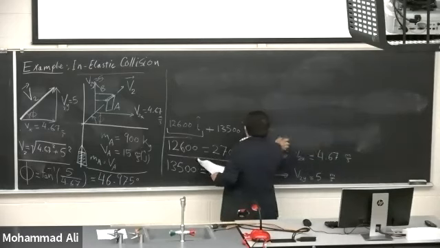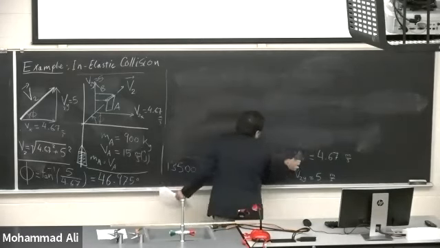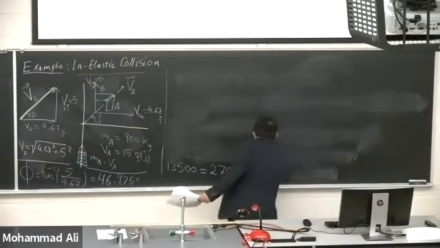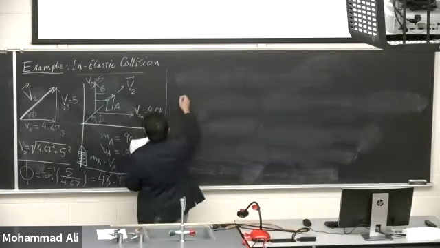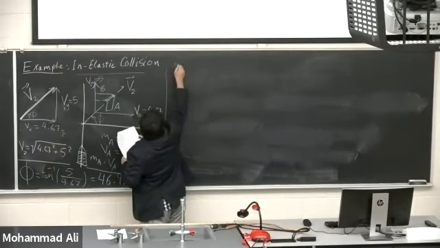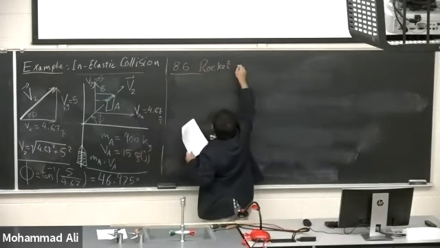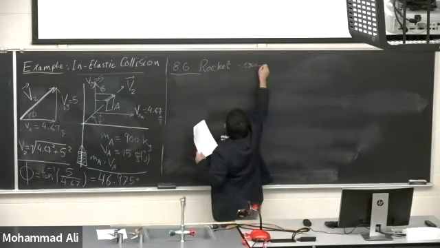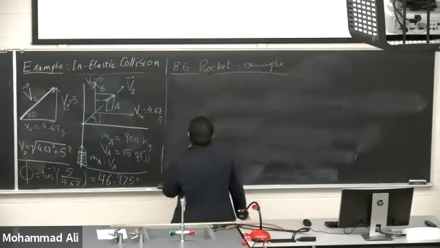We know that the force is equal to m multiplied by the acceleration. But now, this is A.6, the rocket example. It is just an example, okay?